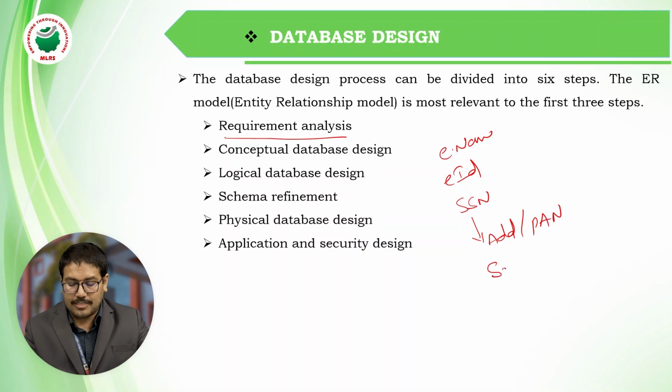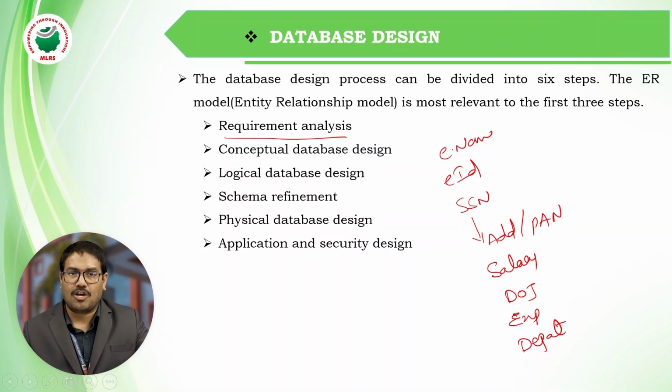And we can also consider salary of the employee, date of joining, experience, and department in which he's going to join. It might be HR, production, sales, management, or administration. So these are the different departments. So these are the various fields, columns, or parameters which are needed to design the right database.